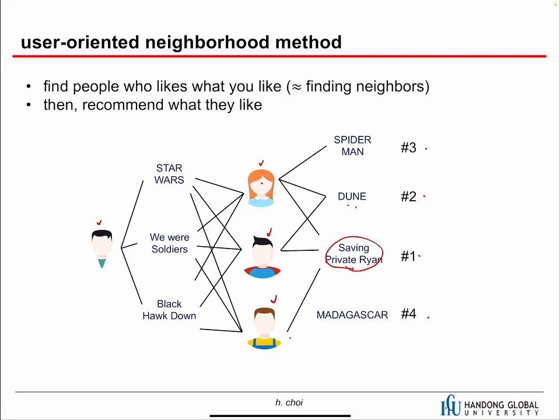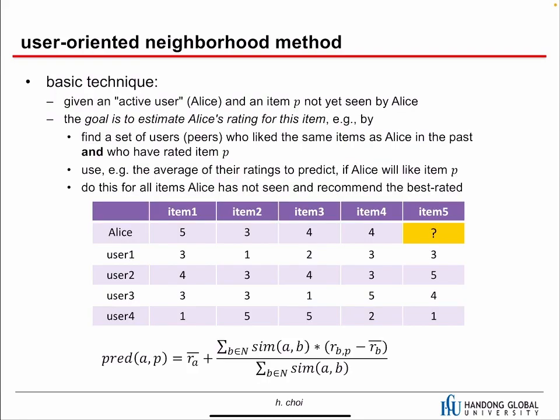That's the main idea. In the previous slide, we talked about the concept of collaborative filtering. Now in this slide, we're going to talk about the detail. Given an active user, let's say Alice, and an item P not yet seen by Alice, the goal is to estimate Alice's rating for this item. This is how we recommend one specific item to Alice.